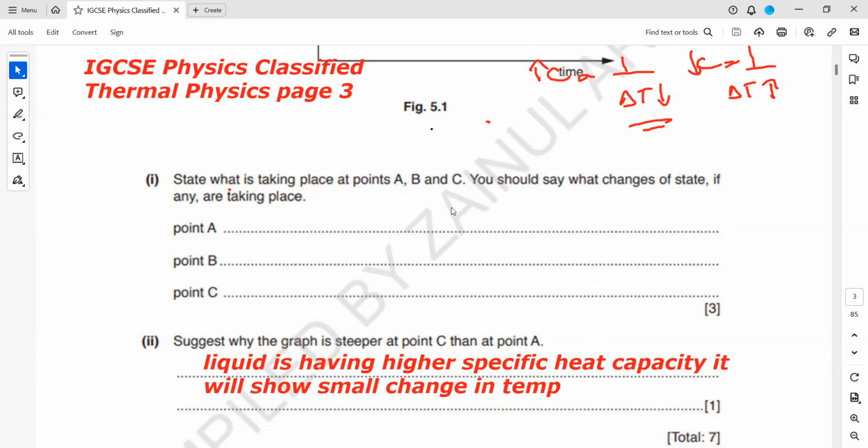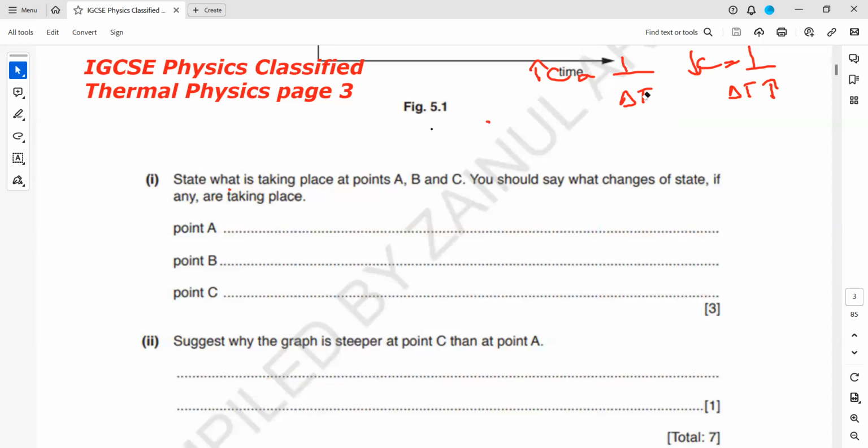Is it clear, this one? So always try to relate the specific heat capacity and the temperature changes.